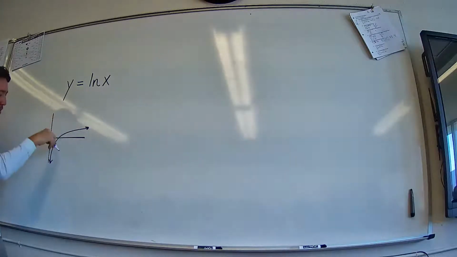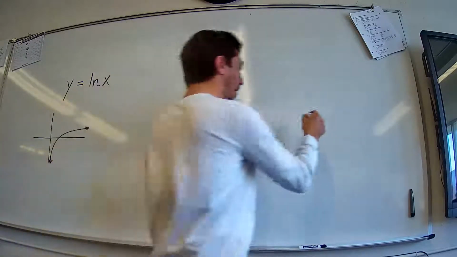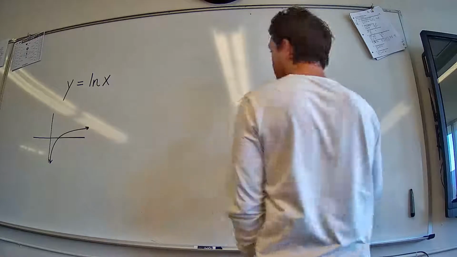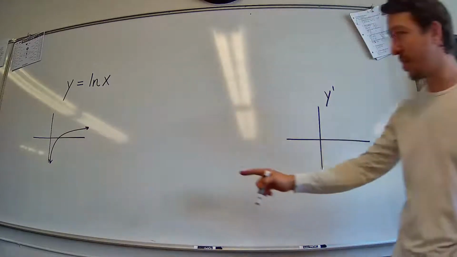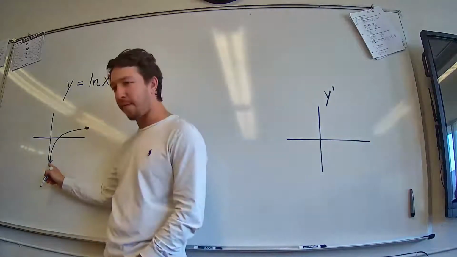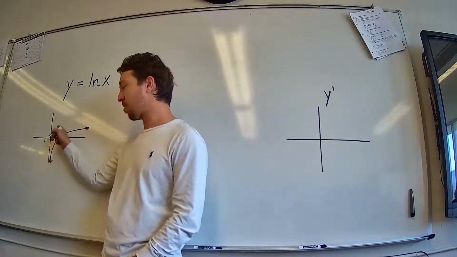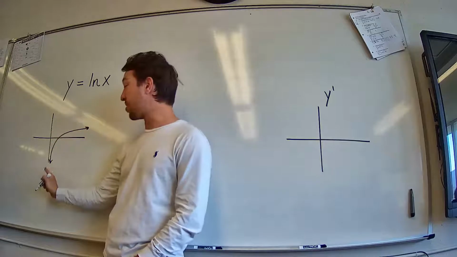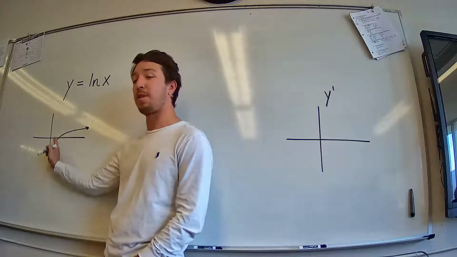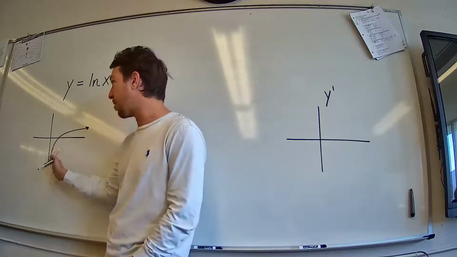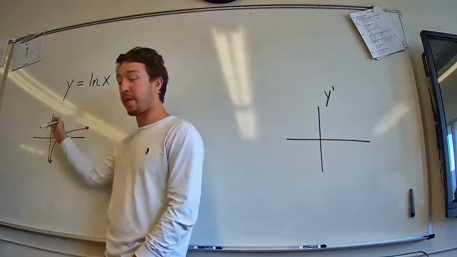So this is my y graph. If I graph the derivative over here, it gives us a big clue as to what it looks like. What kind of slopes do we have for small x values? Very, very large, positive slopes. The function's increasing very rapidly for small x values. If x was like 0.1 or 0.01, we'd expect a very large derivative, right?